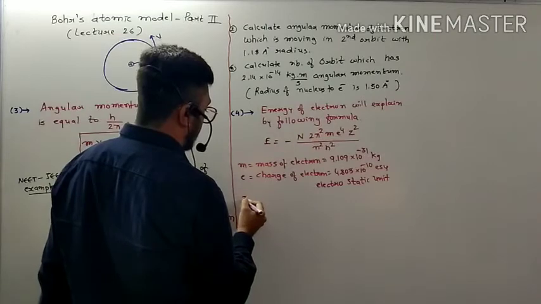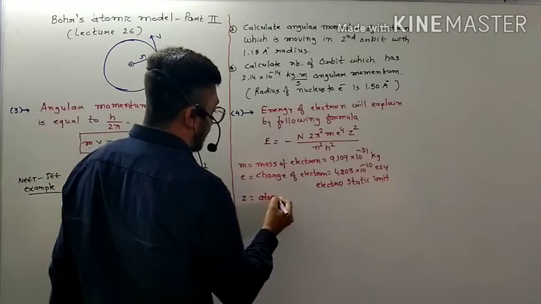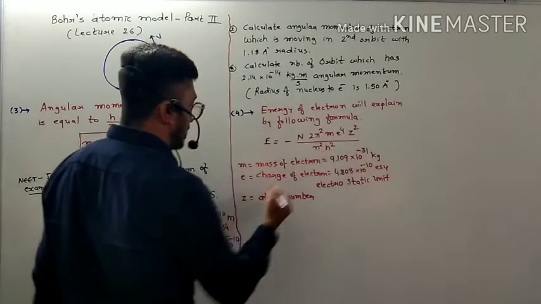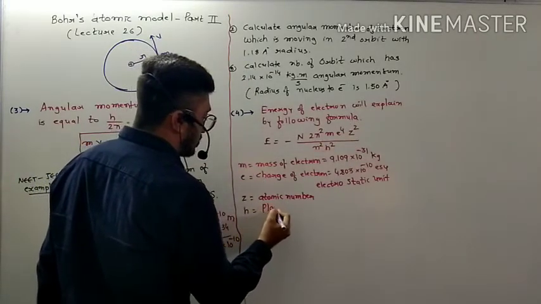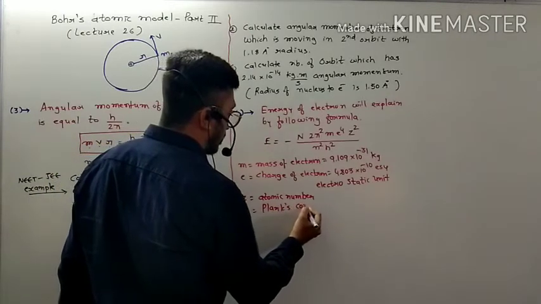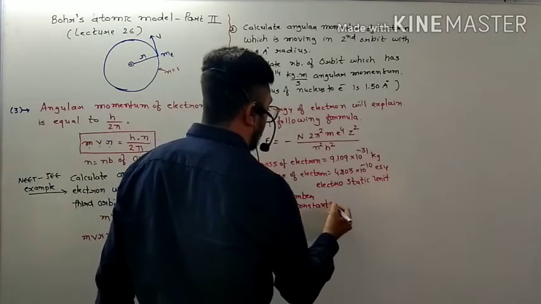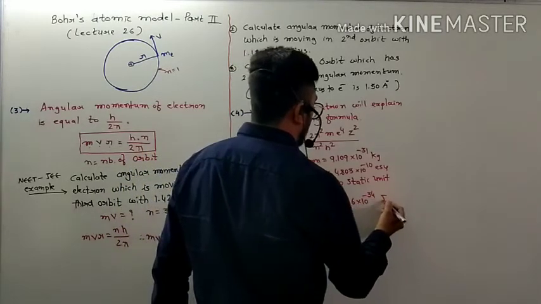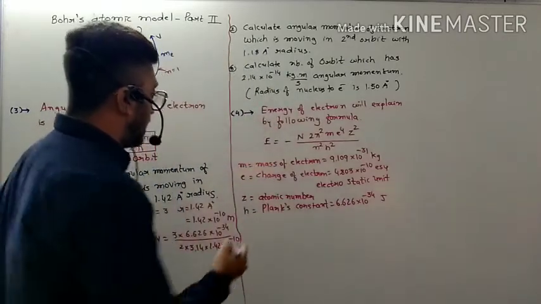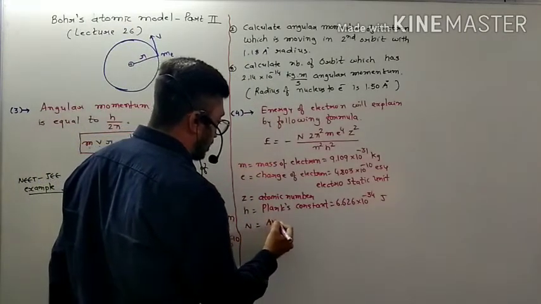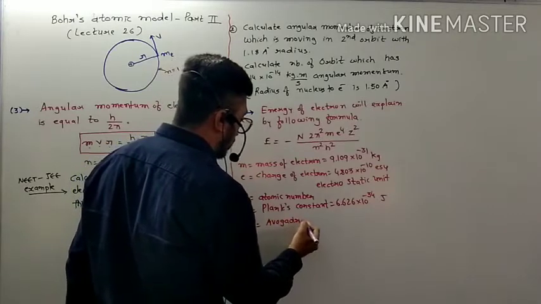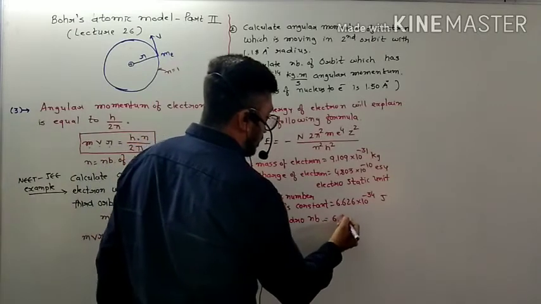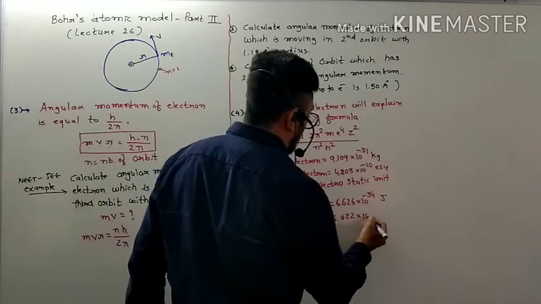Z is equal to atomic number. Then h means Planck's constant. We know the value 6.626 into 10 raised to minus 34 joule second. N is Avogadro number, 6.022 into 10 raised to 23.